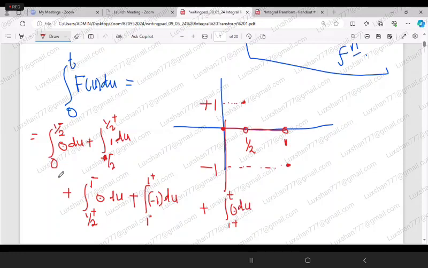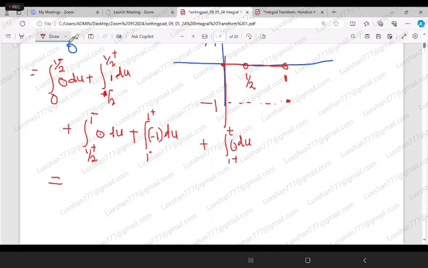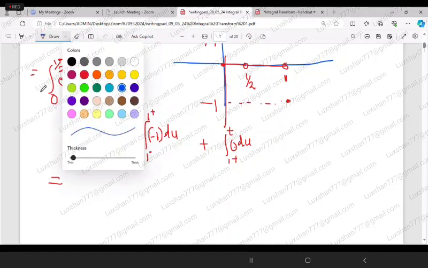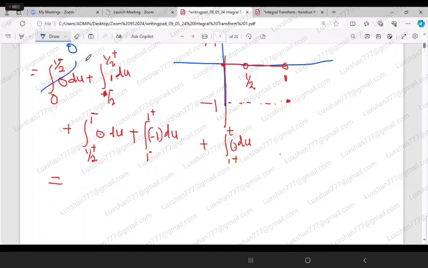Okay. So if you calculate this integration, everything is 0. You can see that this is 0, this is 0, this is also 0.